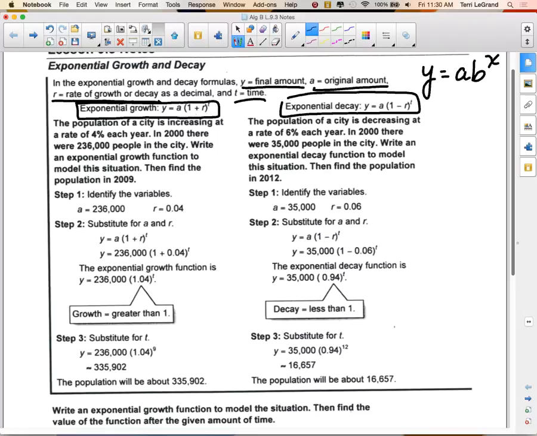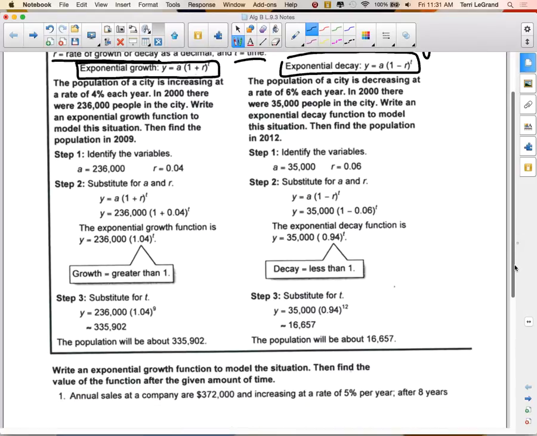The b will be changed to 1 minus r. And so, again, the 1 plus r or the 1 minus r, that's what's replacing the b. And the t for time is replacing the x, which is very typical, that in an exponential function, the x value is representing time. Okay? Cover those markers up. Put them down.